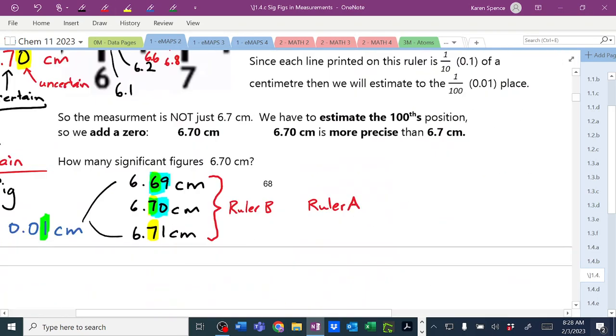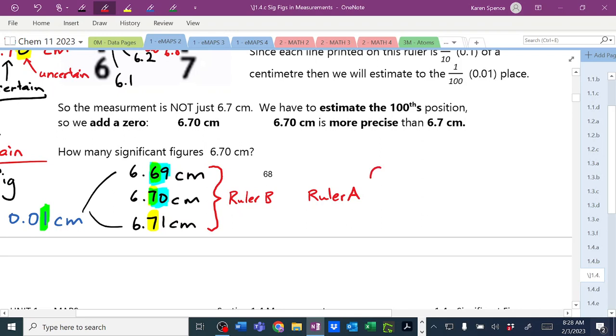Okay, so ruler A could have been 6.6, 6.7, or 6.8 centimeters.